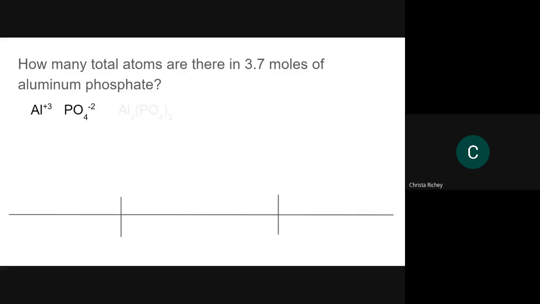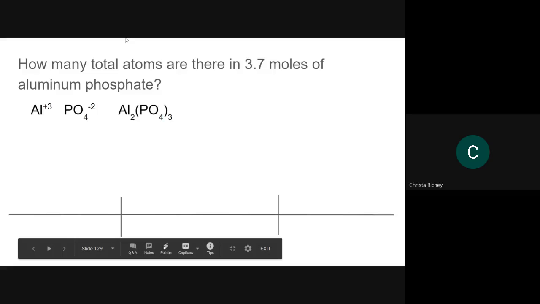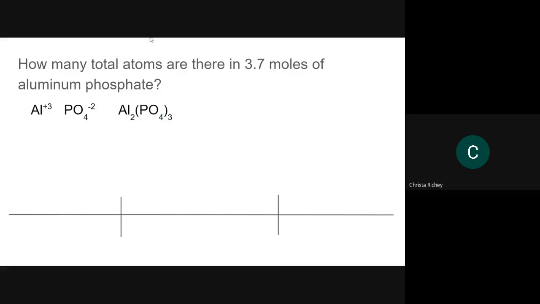I probably really should take attendance right now. Where the 3 is going to go to the phosphate and the 2 is, excuse me, the 2 is going to go to the aluminum. Okay, so I see Hayden and Tucker.